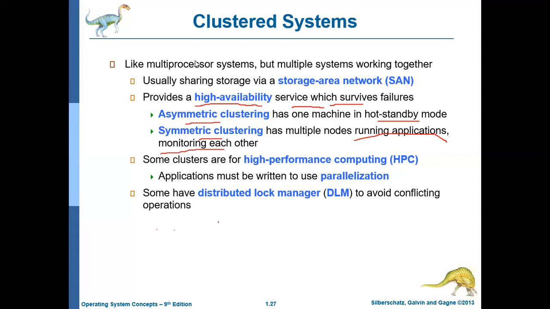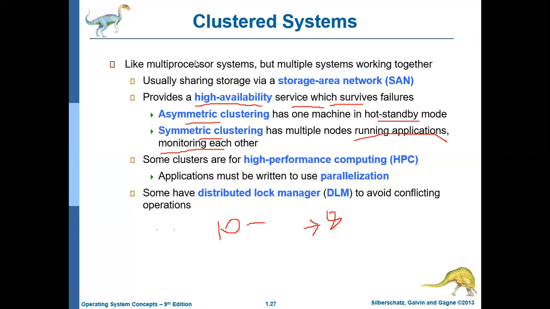So if you have 10 nodes, all 10 nodes will be performing some function, and also they will be monitoring each other. For example, out of the 10 nodes, say the 8th node fails. Then whatever work was being carried out by node 8 will be distributed among the remaining 9 nodes.